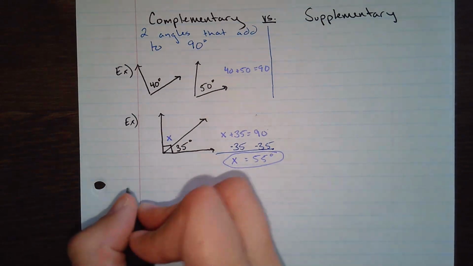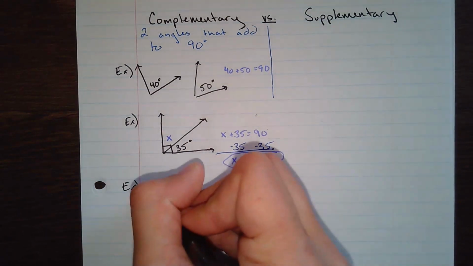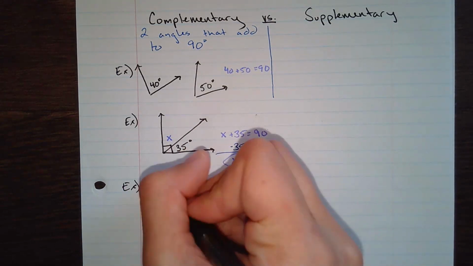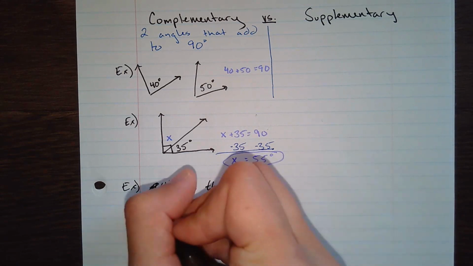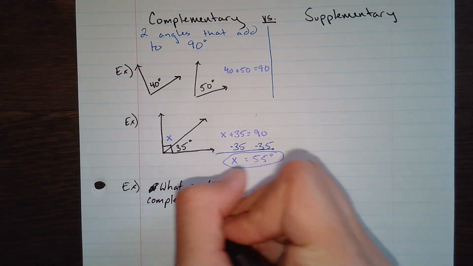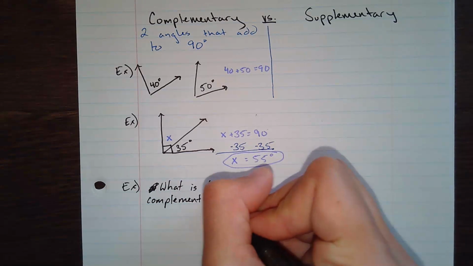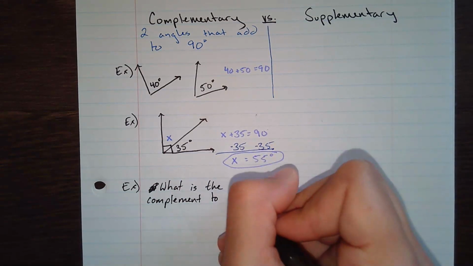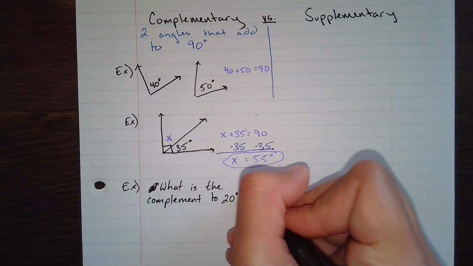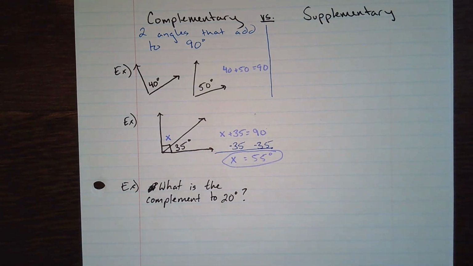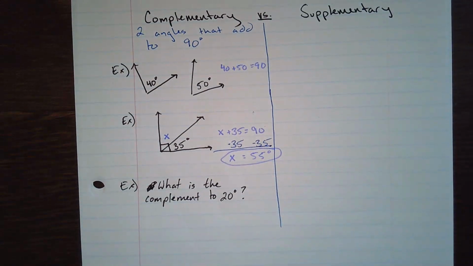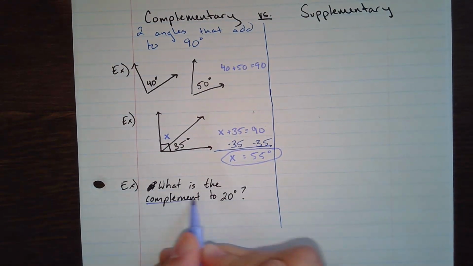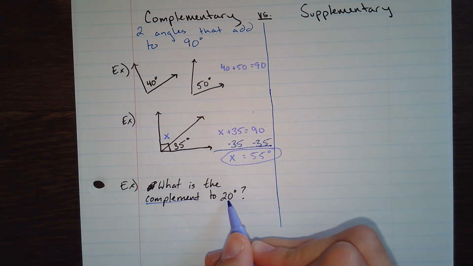The last type of example that you might see is, what is the complement to, let's say, 20 degrees? So if it asks for the complement, that's saying what can we add to this to make 90 degrees?